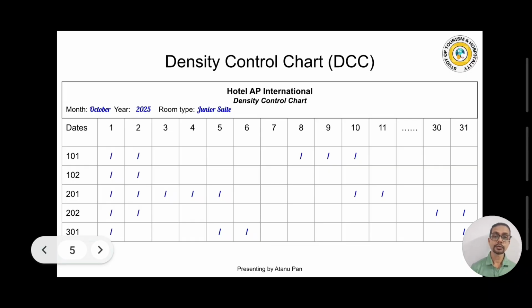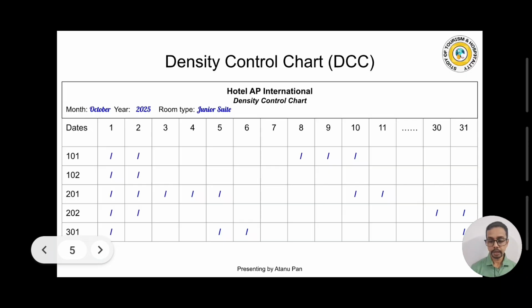Similarly, the density control chart will be 12 sheets, one for each month and for each category of room. Here I have given an example of junior suite. A hotel may have 5, 6, 7, 8 categories of rooms, and out of that one is junior suite. So for junior suite and for the month of October 2025, this is the density control chart.